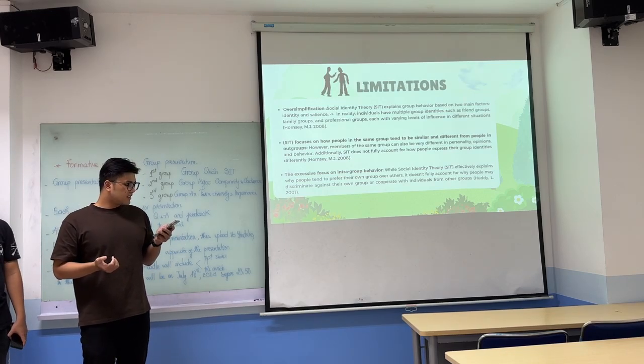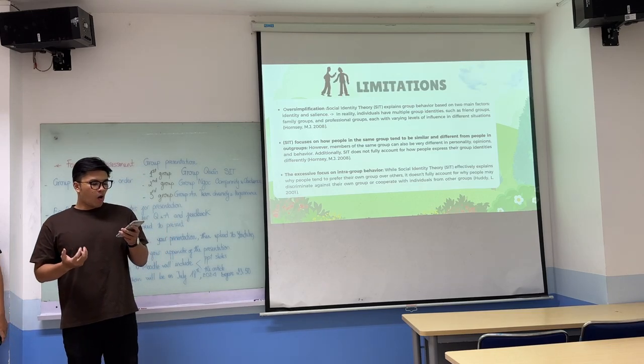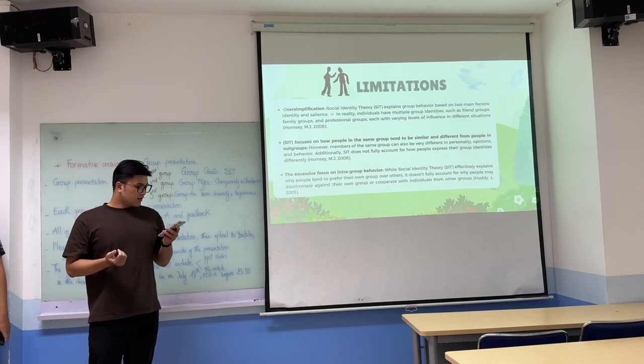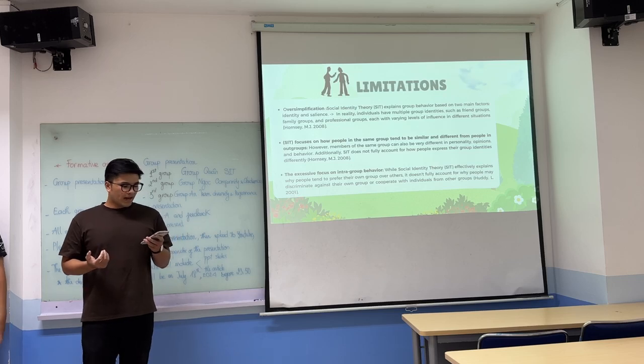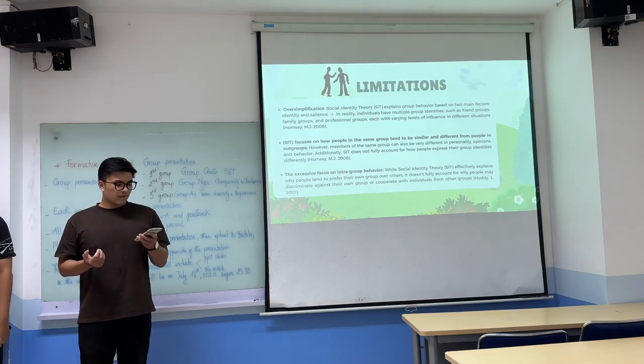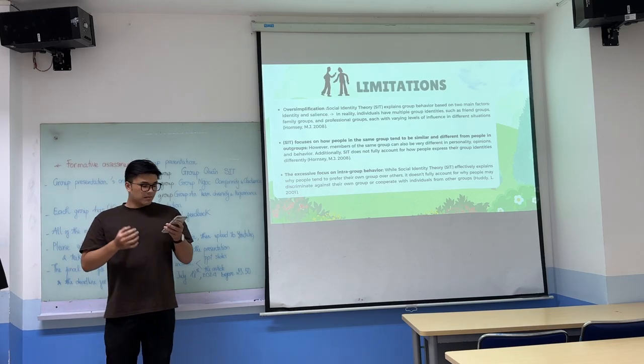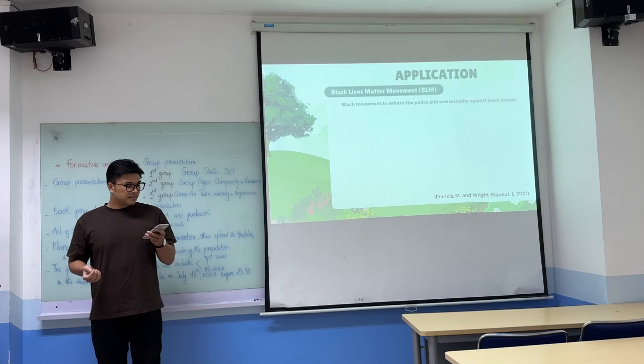While SIT effectively explains why people tend to prefer their own group over others, it doesn't fully account for why people may discriminate against their own group or cooperate with individuals from other groups. And now we turn to how this theory applies in real life.